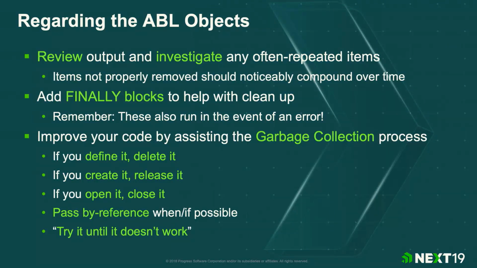So create your variable for your object and then delete it. If you create a record, release it. I know there's a philosophical debate on whether you need to even release records. So far, it's not failed me. I put the release in, it works just fine. There's a very tricky one if you use a table handle. You have to delete that. And that's another one is, so yeah, so the last one for the open it and close it.